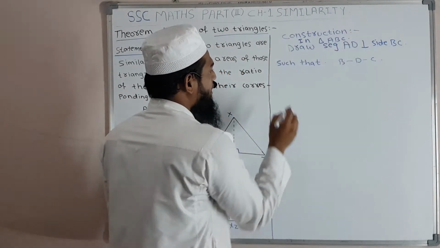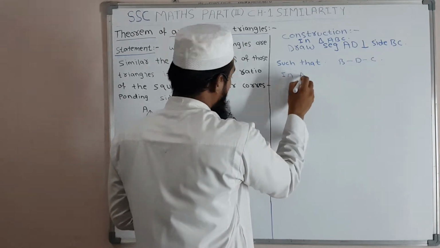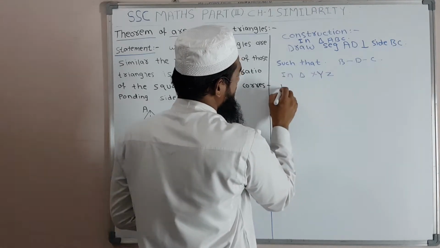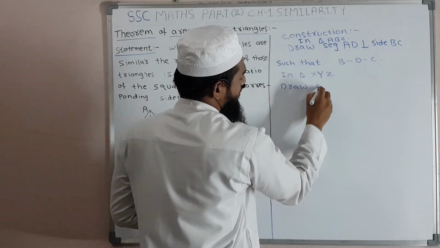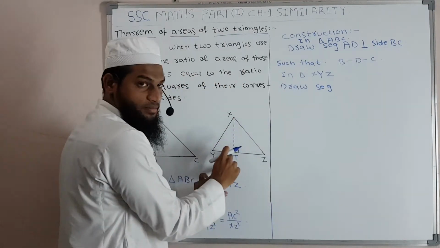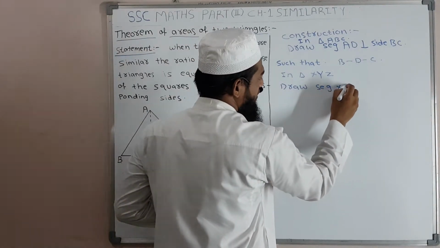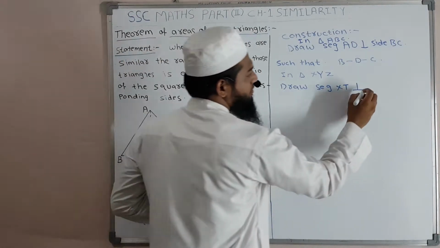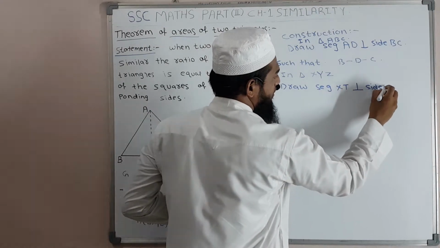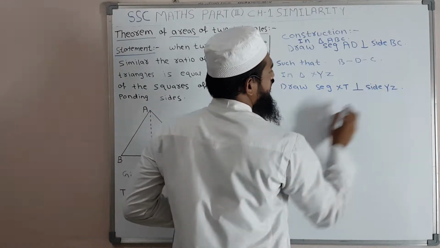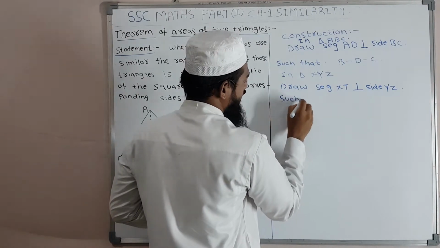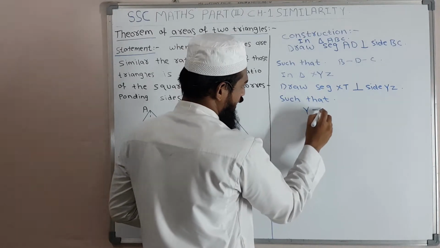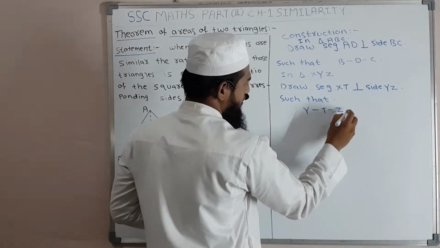And in triangle XYZ, draw segment XT perpendicular to side YZ such that Y-T-Z. What does it mean?